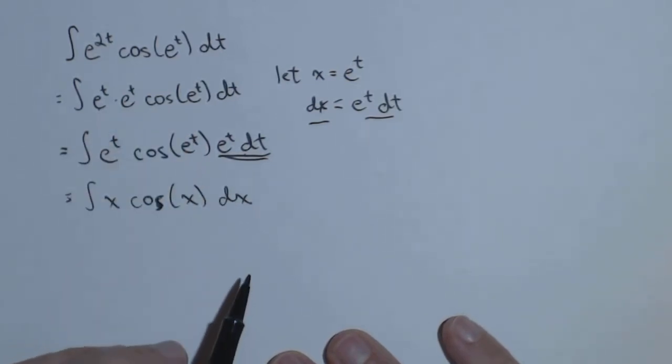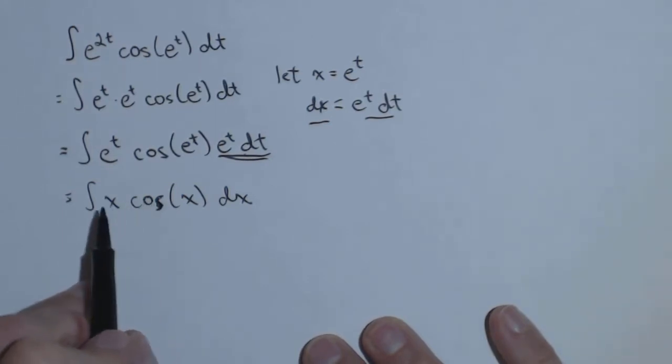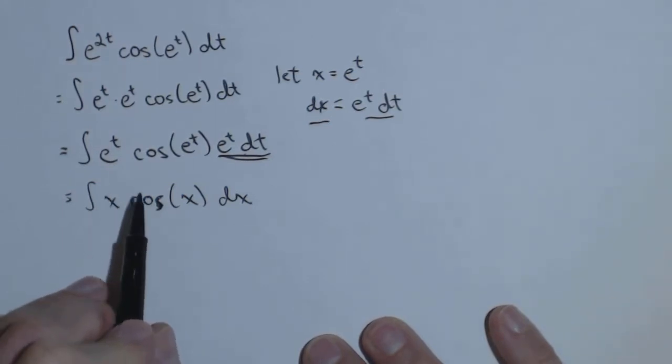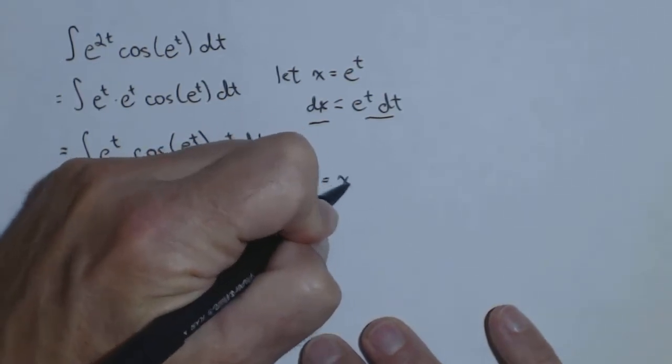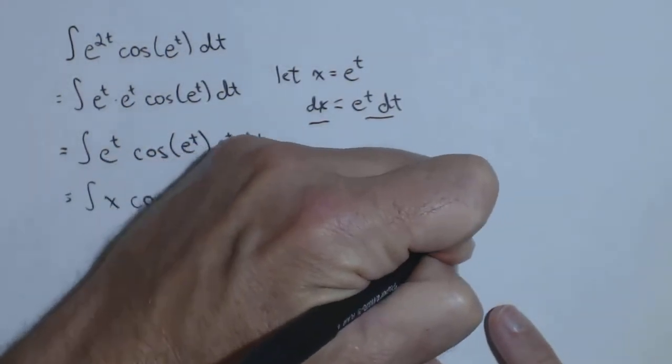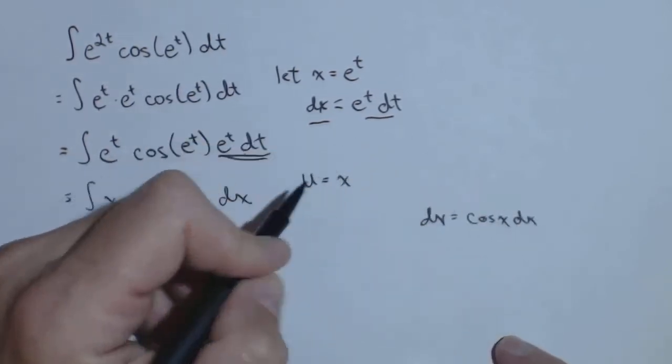Now we have something we can do with integration by parts, and you should know by this form that x is going to be your u, and the trig function is going to be your dv. So u equals x, dv equals cosine x dx.